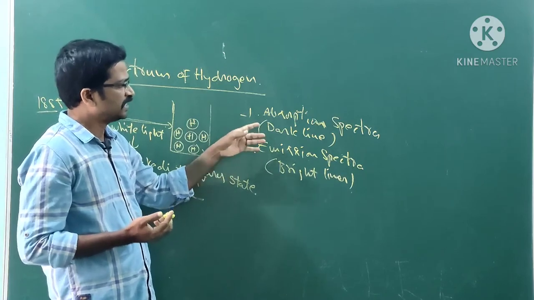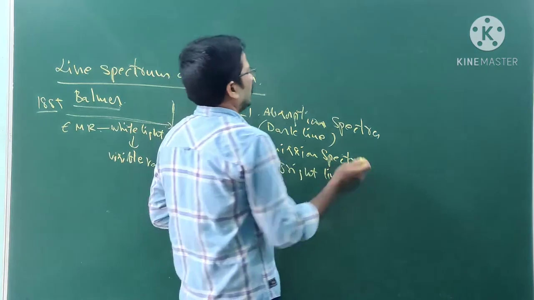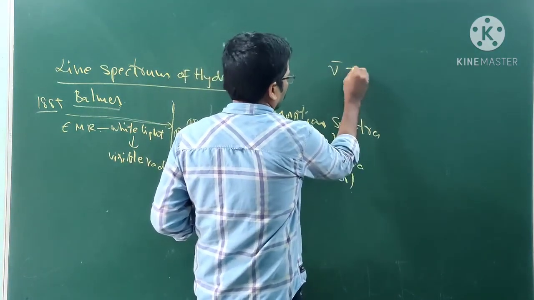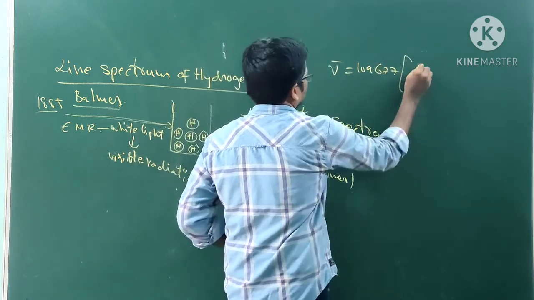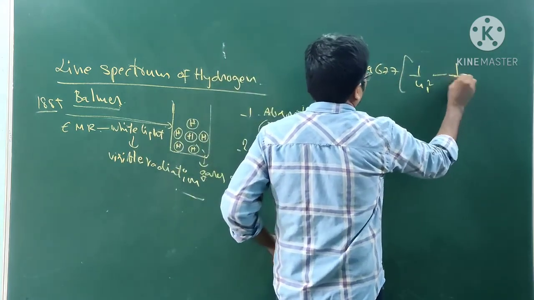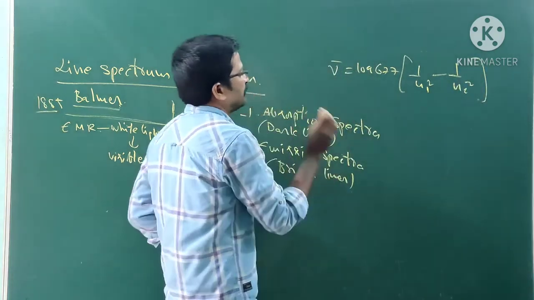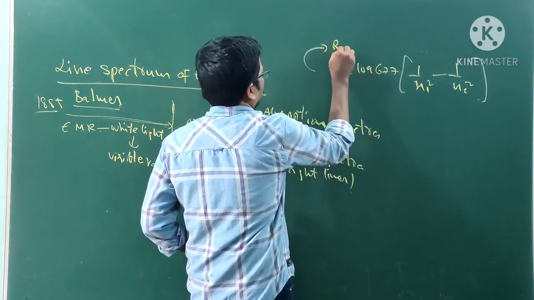You should explain these two concepts by taking one law: 109,677 [1/n1² minus 1/n2²]. This was introduced by the scientist Rydberg, spelled R-Y-D-B-E-R-G.